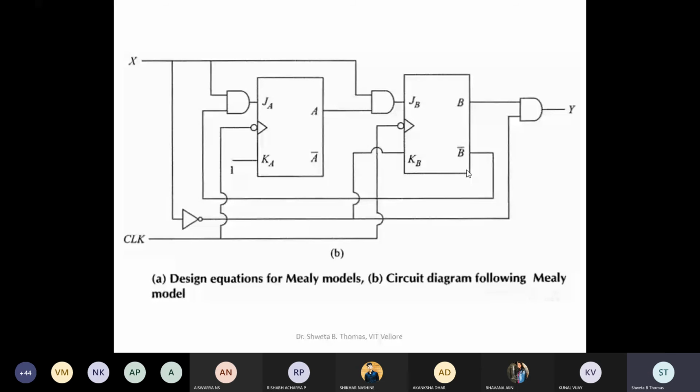Be careful: whatever is there in the question, if it asks for Moore model or Mealy model, you should be very particular. But it is not compulsory to use the JK flip-flop in a numerical problem if it is mentioned to use a T flip-flop or D flip-flop. So you have to be very careful about that.